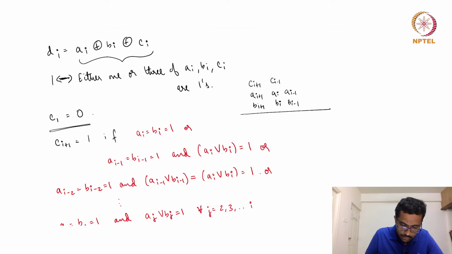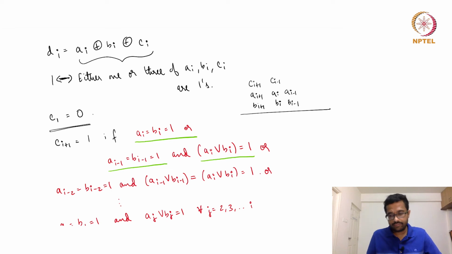So I have captured these two things over here. Ci plus 1 is 1 if both Ai and Bi are 1s, or one of Ai and Bi is 1 and both Ai minus 1 and Bi minus 1 are 1s. Now you could take it to the next level, right? So another possibility is that at least one of Ai minus 1 and Bi minus 1 is 1, but they got a carry Ci minus 2.